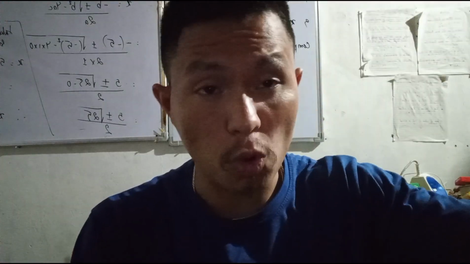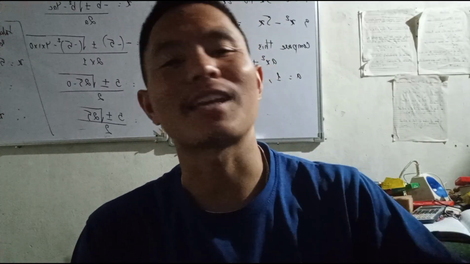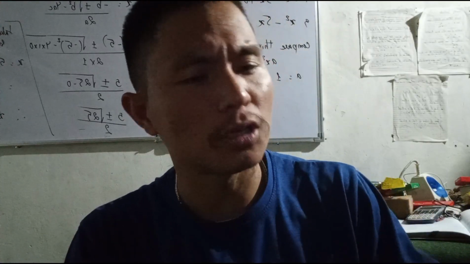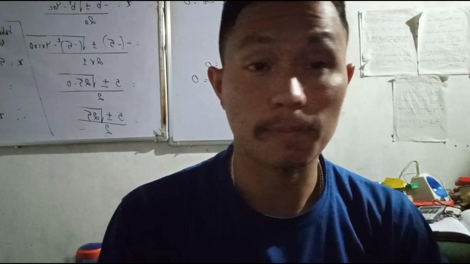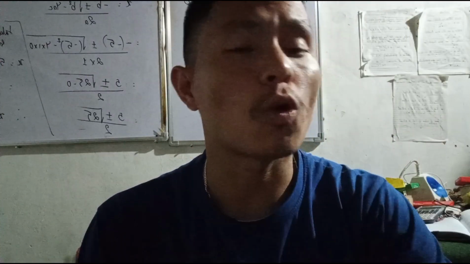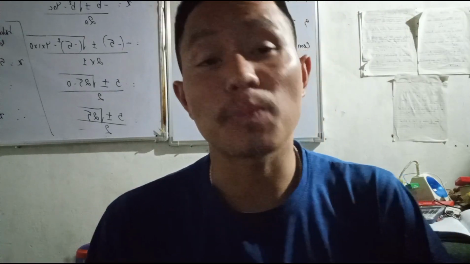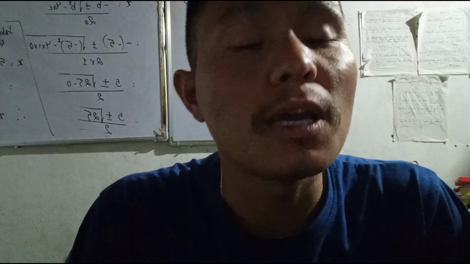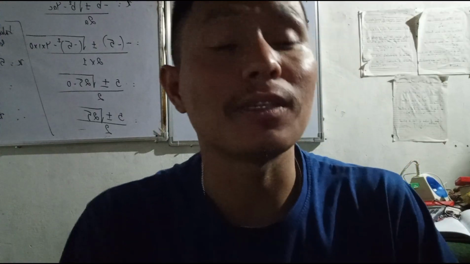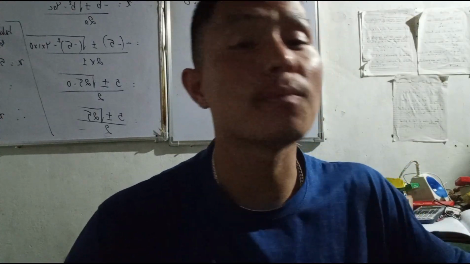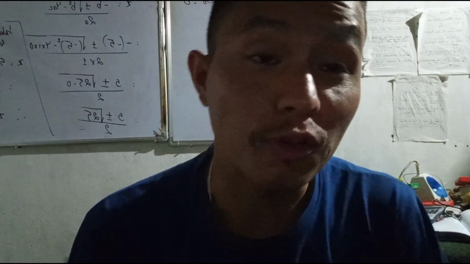You can use any of the three methods. First, factorizing; second, completing the square; and the third, which we are doing right now, is straight use of the formula x equals minus b plus minus under root b squared minus 4ac, divided by 2a.